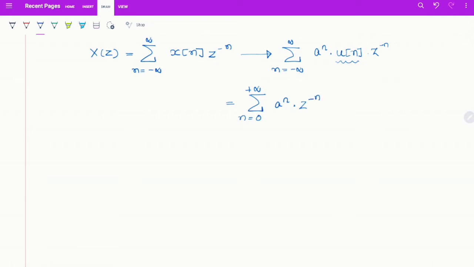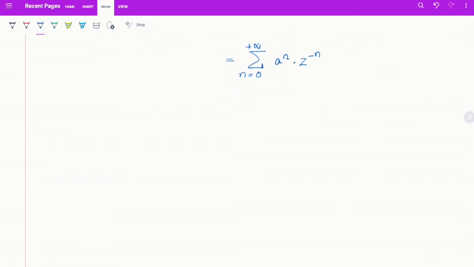Now how to expand this one? We start from 0 to infinity, so a to the power n into z to the power minus n, where n is equal to 0, so it will be 1. Let's take n as common.